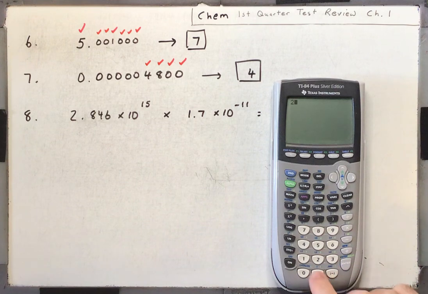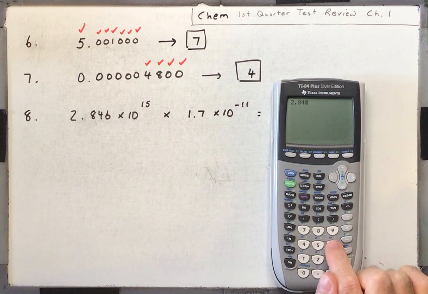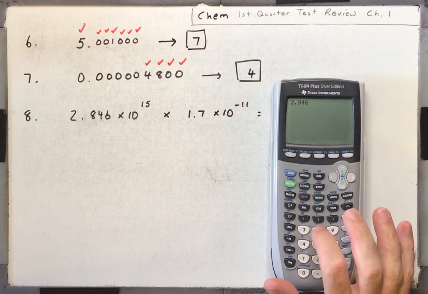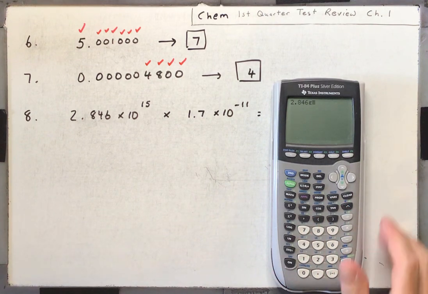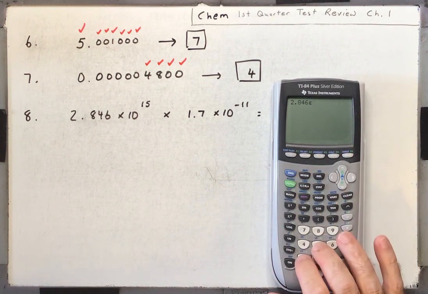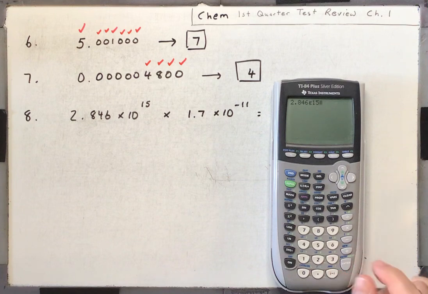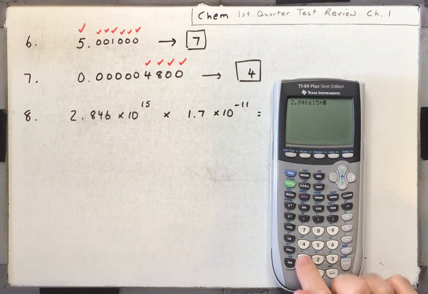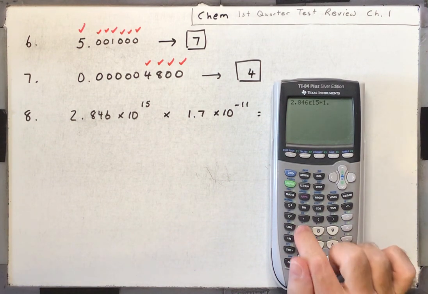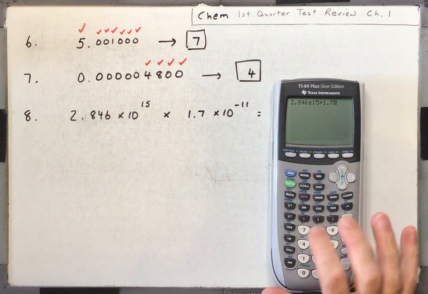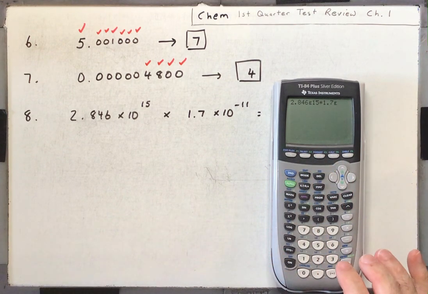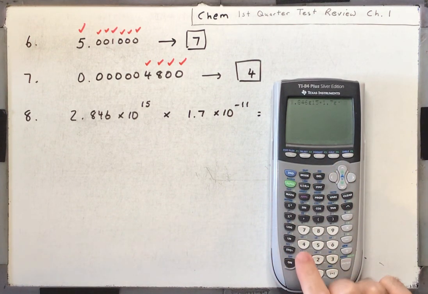So we have 2.846. I'm going to hit second function double E. So you just get an E. And then to the 15th times 1.7 second function double E to the negative 11.